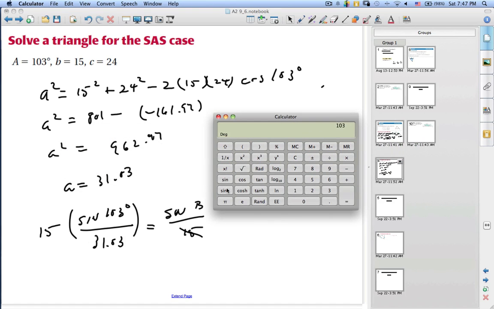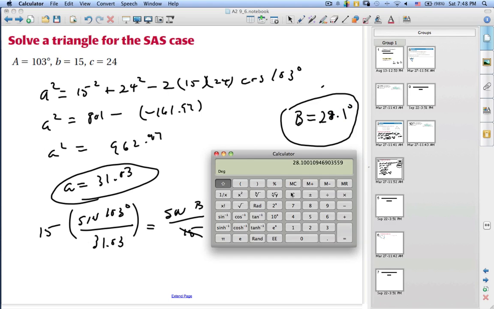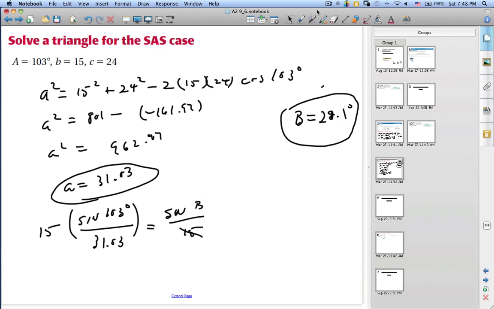And I'll have sine of 103 divided by 31.03 times 15, and then I do the inverse sine, and I get 28.1 degrees. So if I take 180 degrees minus 28.1 degrees minus 103 degrees, I get 48.9 degrees. So I know that C would be equal to 48.9 degrees.